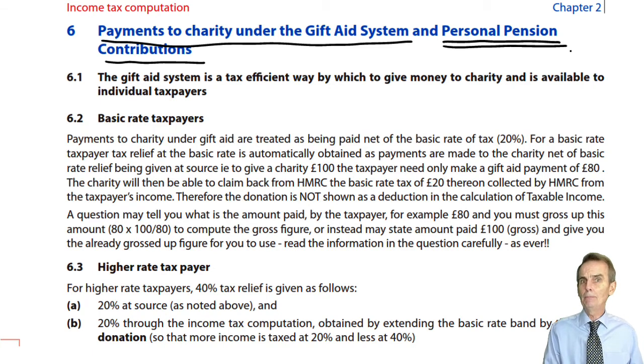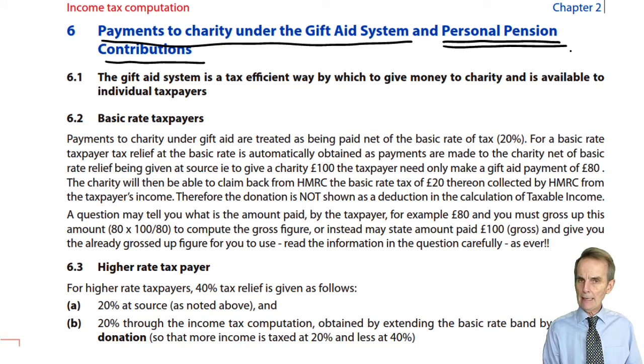There are people behind HMRC, and from time to time, each tax year, each Finance Act, different Chancellors of the Exchequer decide to change things or keep them the same. But these are rules as laid down. Another person, you for example, might come up with a different rule, but you're not the Chancellor of the Exchequer. So these rules need to be learnt and they need to be applied.